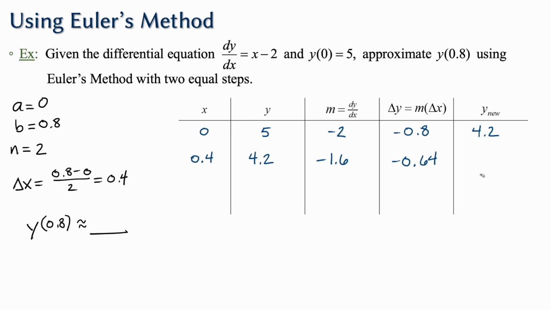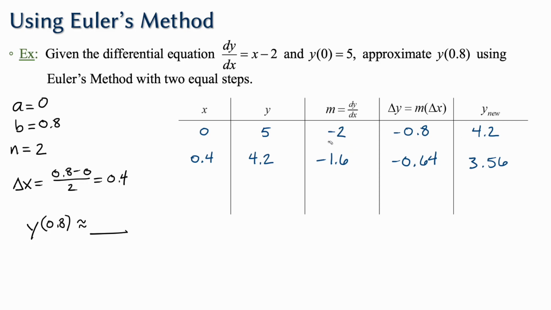So when we look at our updated y, as always, let's take it where we were. We were at 4.2. Now we're going to add on the negative 0.64. So our y value where we're at 4.2, when we do the change in y, our negative 0.64, and put those together, that's going to give me a y value now of 3.56. Now, it should make sense to you that as we're looking from step to step, from 5 to 4.2 to 3.56, the y values are getting smaller, but that makes sense because the slopes are negative.